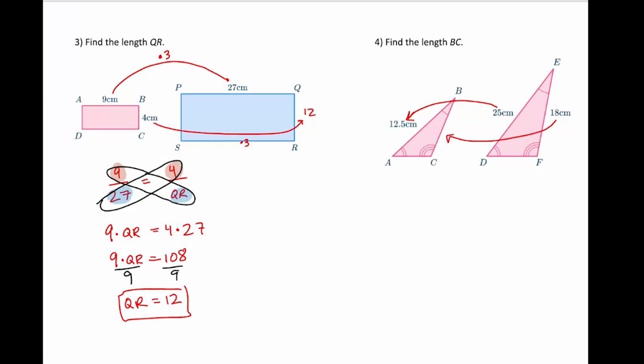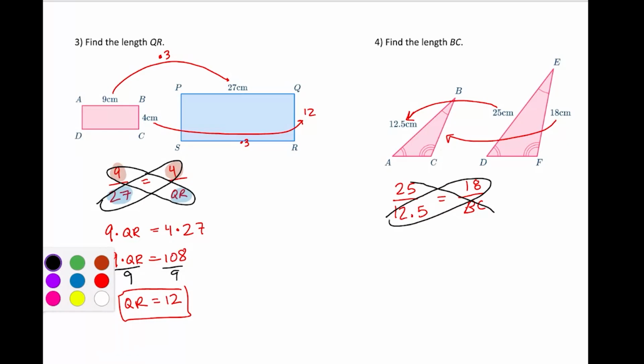So here, I'll start with the 25 to 12.5. So 25 is to 12.5 as 18 is to X, or is to side BC. Now I can cross multiply. So 12.5 times 18, 25 times length of BC.